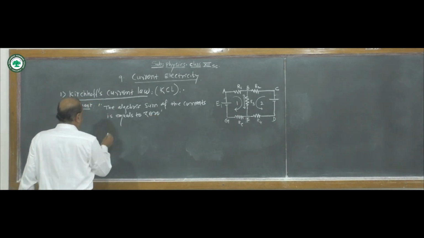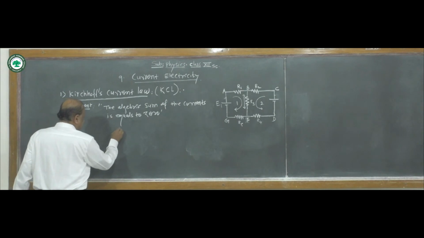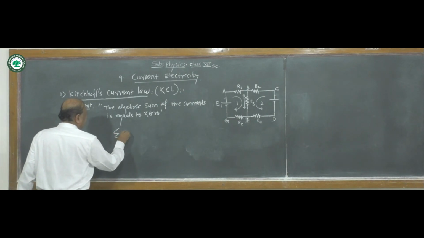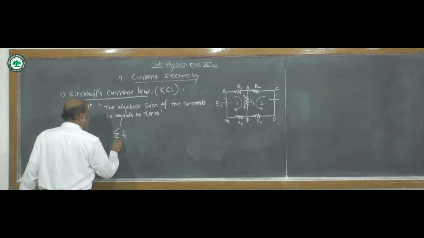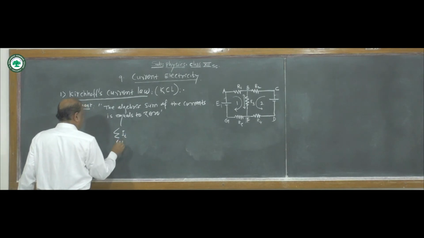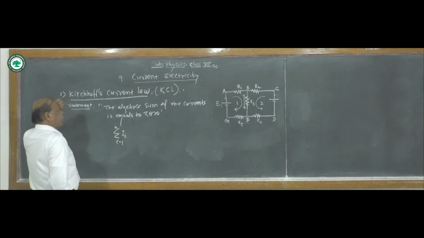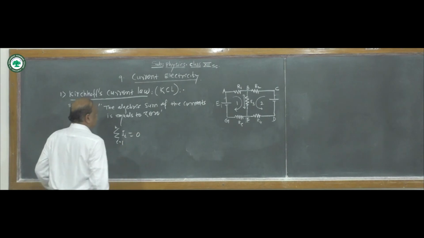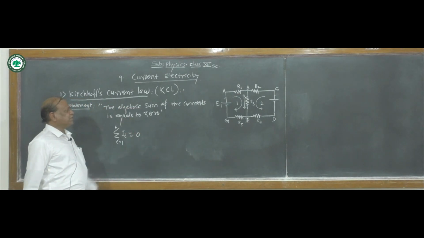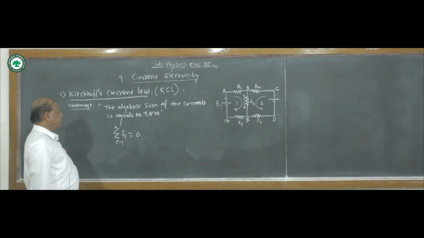Mathematically, this statement can be written as the summation of I, where I runs from 1 to n, is equal to 0. It means the algebraic sum of the currents is equal to 0.